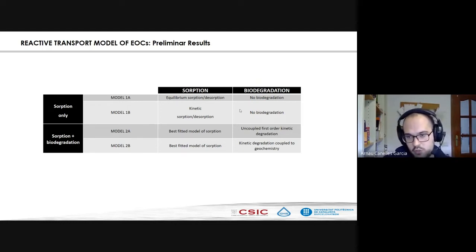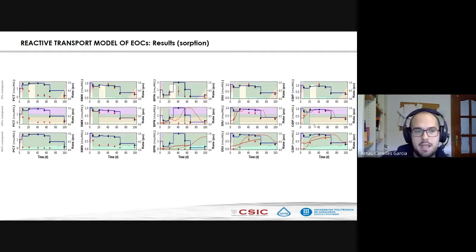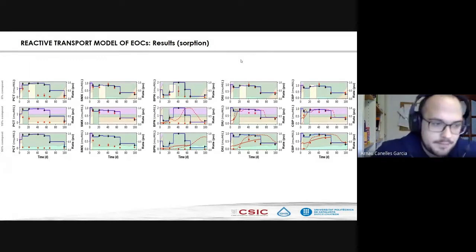And in biodegradation, we compared non-degradation with first-order degradation and kinetic degradation coupled to geochemistry. So we will see all these models now in a summary to see which was the better model to fit our data. Here in these graphs, we see quite a lot of things, so don't worry, we'll break through them.